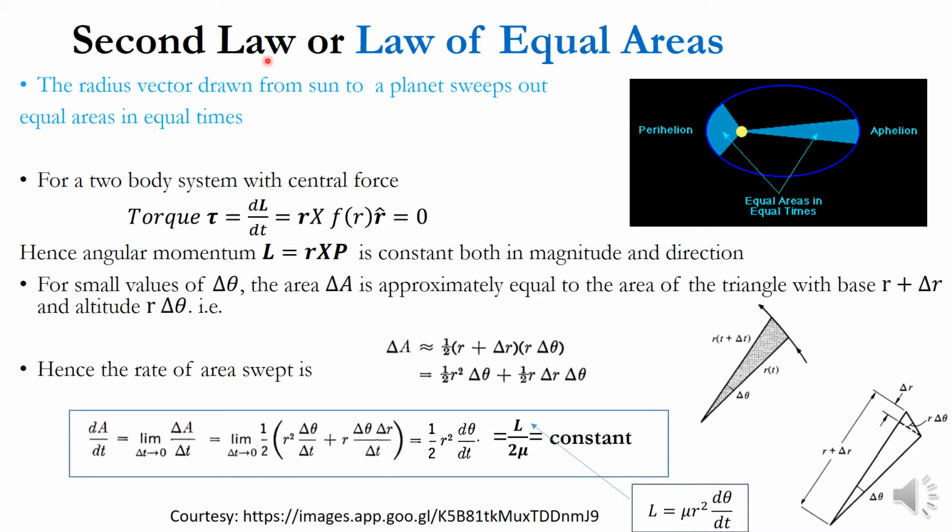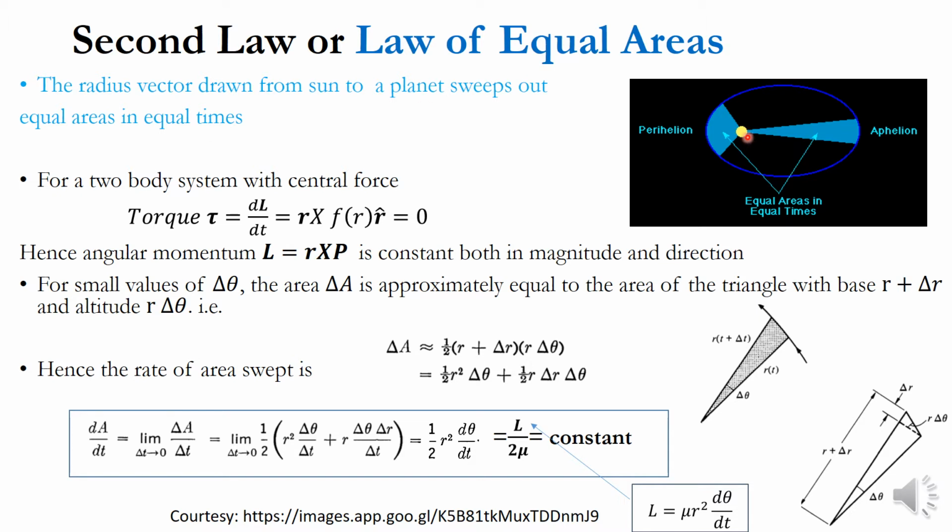So what is second law, also known as law of equal areas? Again, the statement is like this: the radius vector drawn from sun to a planet sweeps out equal areas in equal times.